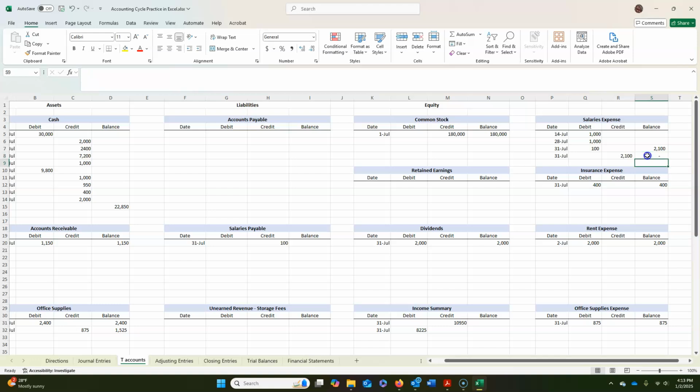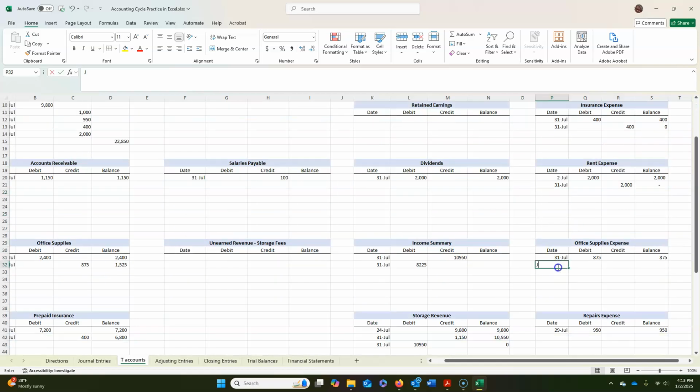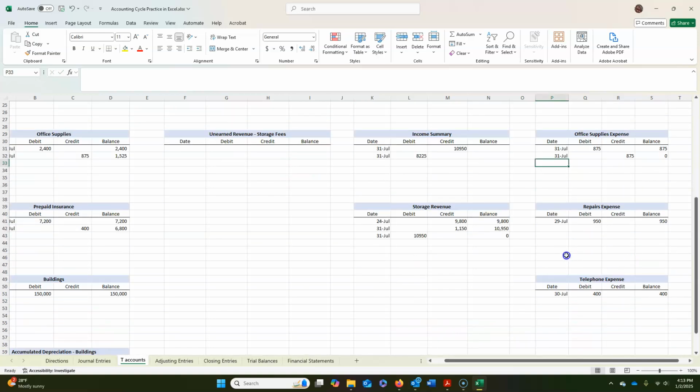So now we have a zero balance. Remember, best practices would be doing an equals amount. I'm just saving time here by typing it in. When your closing entries are all done, all of your expense and revenue accounts should have zero balances.